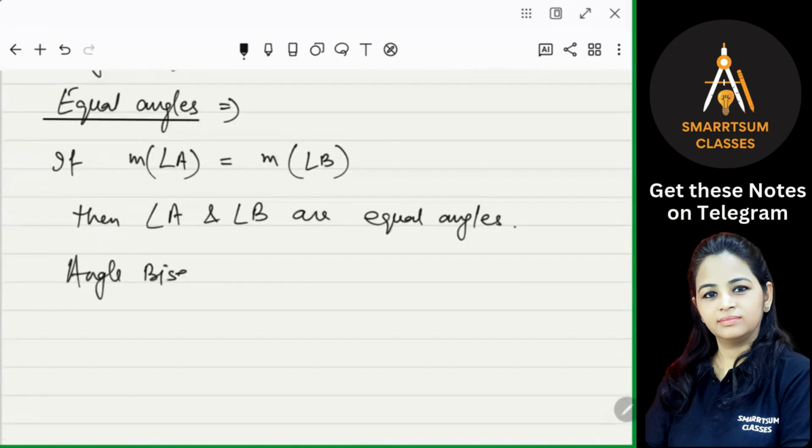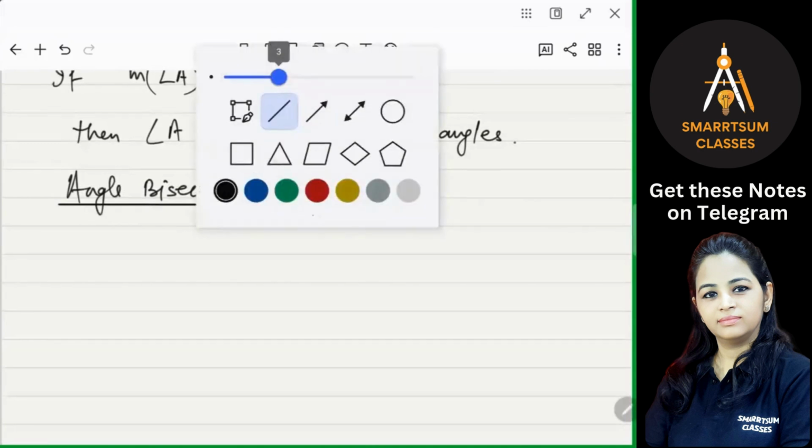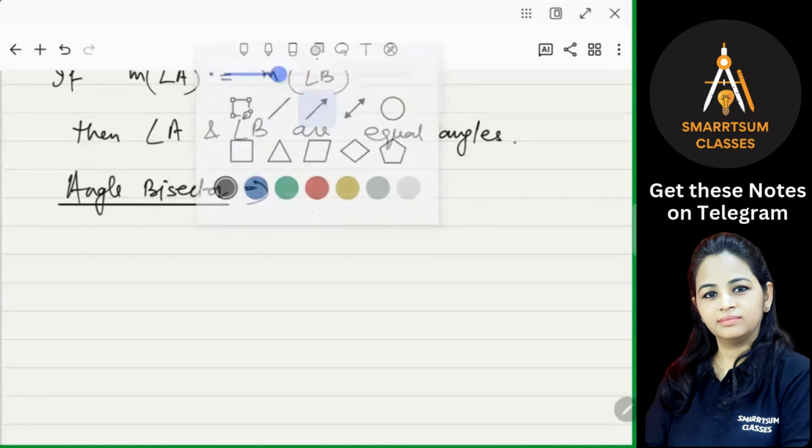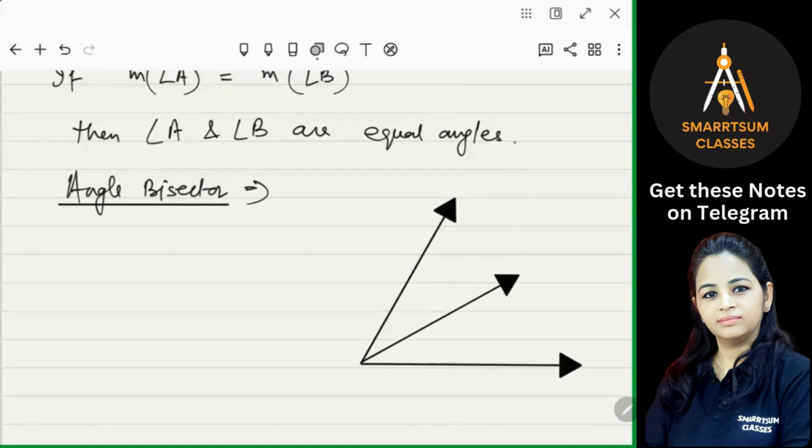Then we have the angle bisector. Angle bisector. If you have any angle, suppose angle ABC, and there is another ray AD.